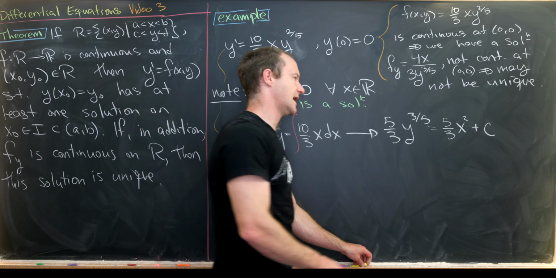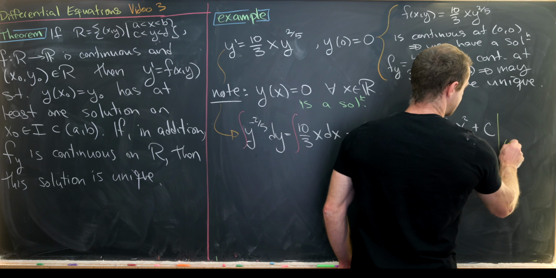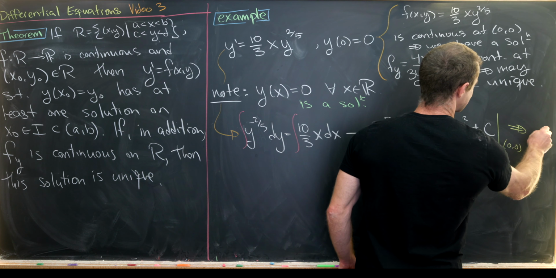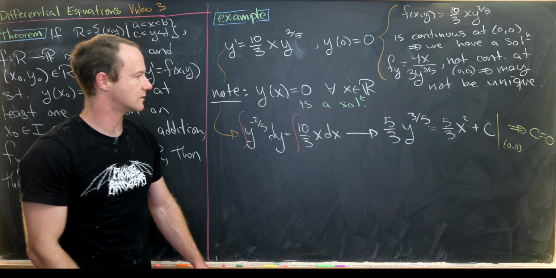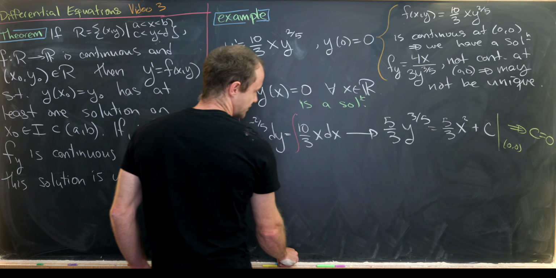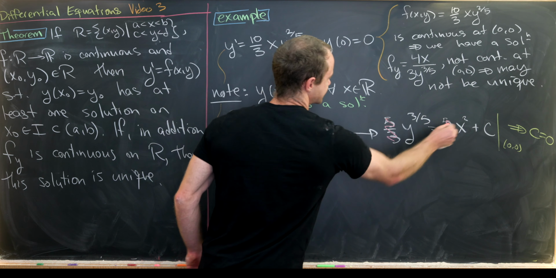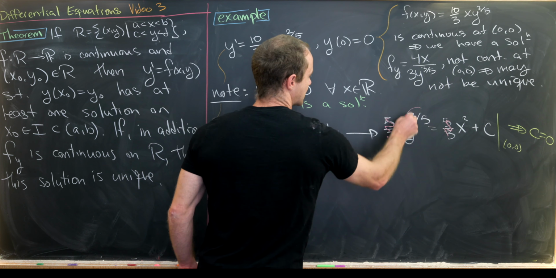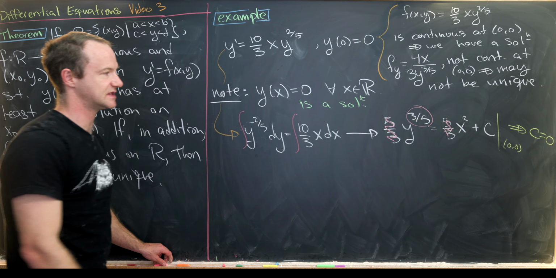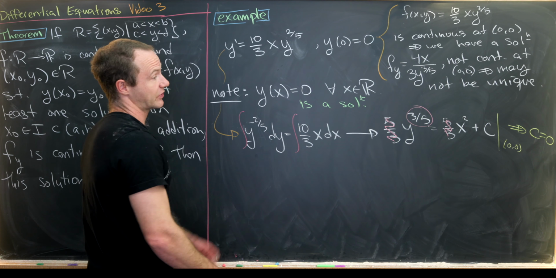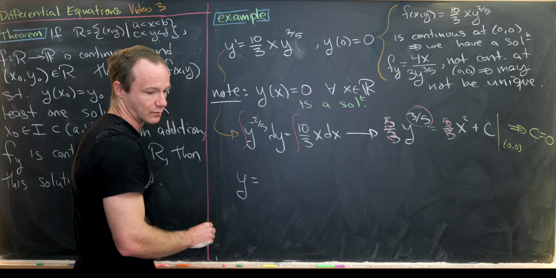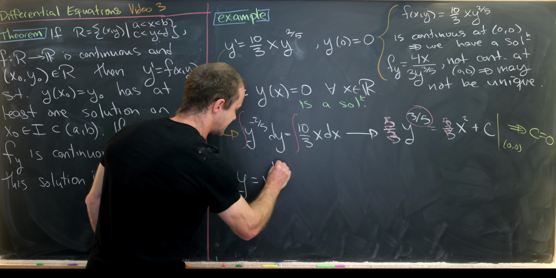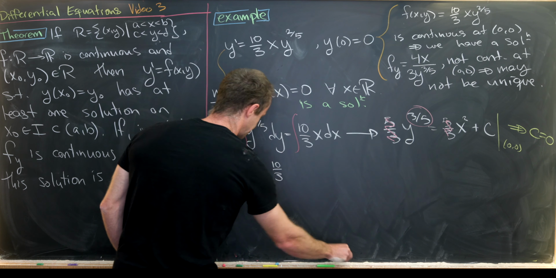But now let's go ahead and evaluate this at 0, 0, and notice that that tells us that our constant is in fact equal to 0. So that means we can just cancel this 5/3 from both sides of the equation. We can raise both sides of the equation to the power 5/3 to cancel that 3/5, and we'll end up with the solution y equals x to the 10/3.